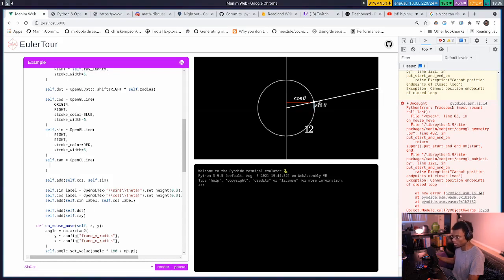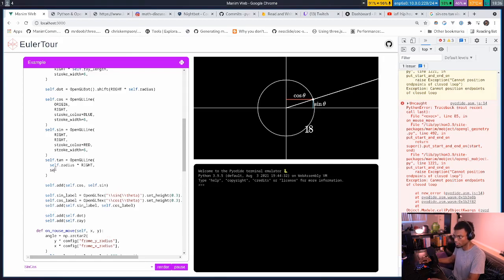Oh, did I break this because I edited the code? I think it just messes up if the angle is 0. But anyway. Just from self.radius times right itself.